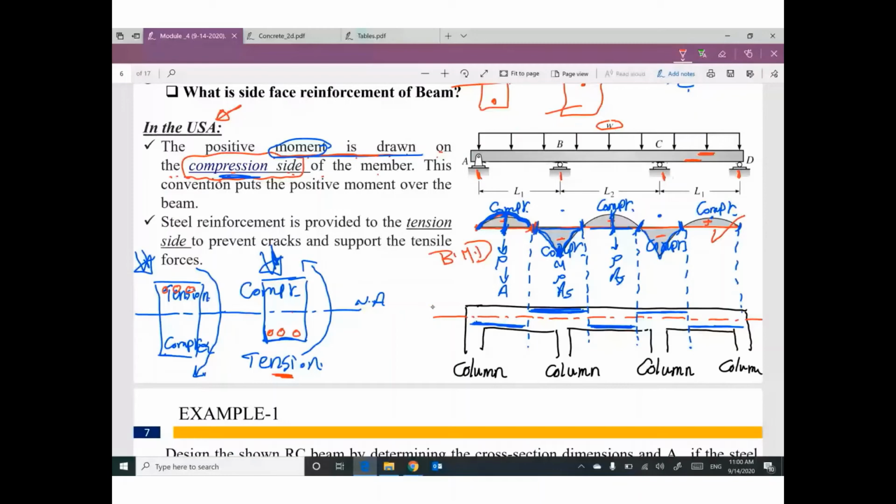That means the tension side will be on the other side. On the tension side, you have to put steel reinforcement, because steel reinforcement will support tension. Why? Because concrete is very weak in tension. Any question, guys?